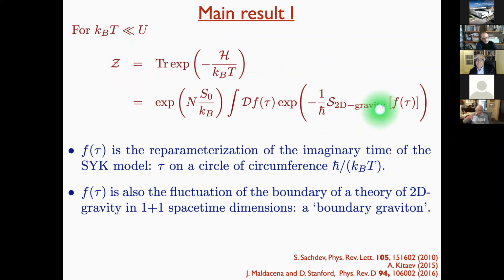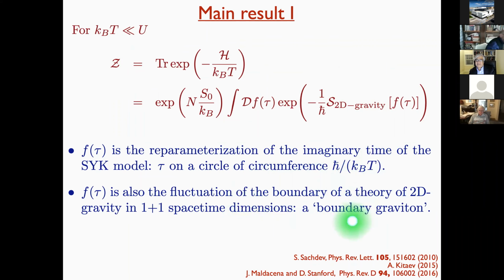Now, 2D gravity, you may know, is kind of trivial because there is no graviton in 1 + 1 dimensions. Just by choice of coordinates, you can get rid of everything. And the only quantity there is the integral of the curvature. But there's a slightly more complicated theory, not pure Einstein gravity. It has the feature that there are still some real degrees of freedom left over, but they sit on the boundary.